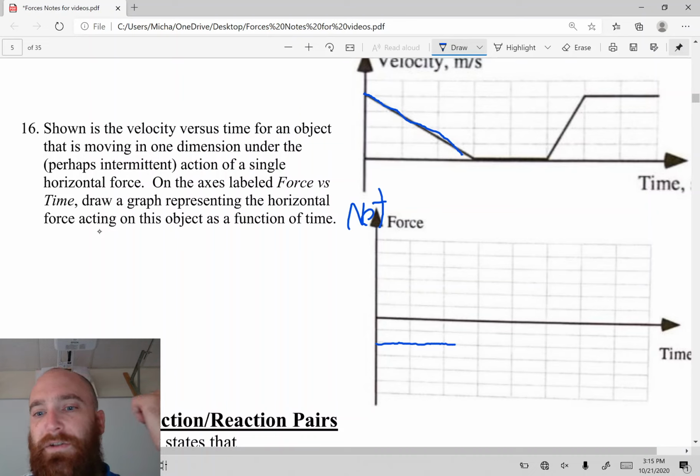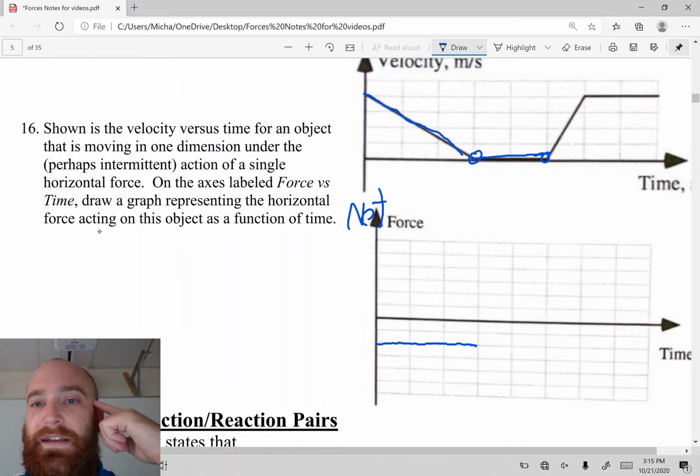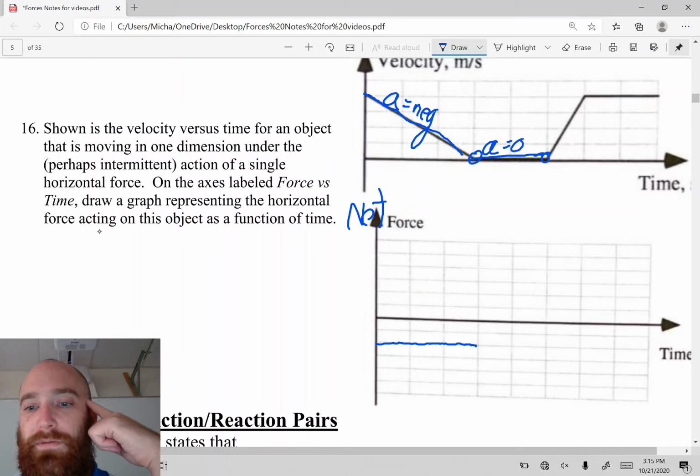Since the slope is constant, the force is constant. Cool. From here to here, what's happening to that velocity? Well, I think it's staying the same, and in fact, it has a value of 0. If it's staying the same, then here A equals 0, which means the force will be 0.